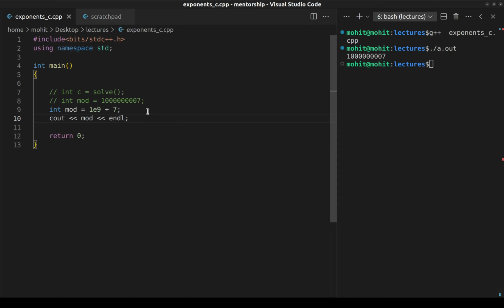Now imagine you have to take a large constant that looks like this: 3 followed by 4 zeros. Then also we can do something like this: int c1 equals 3e4. This notation, as I already told you, means 1 into 10 to the power 9, and this one means 3 into 10 to the power 4. So let's try to print this.